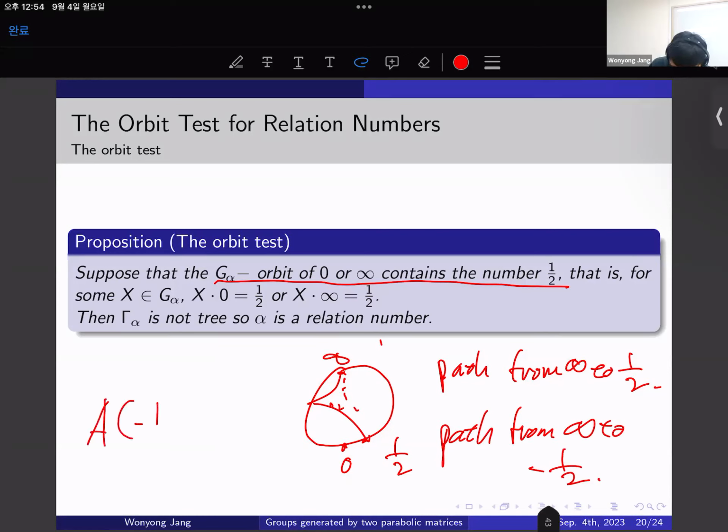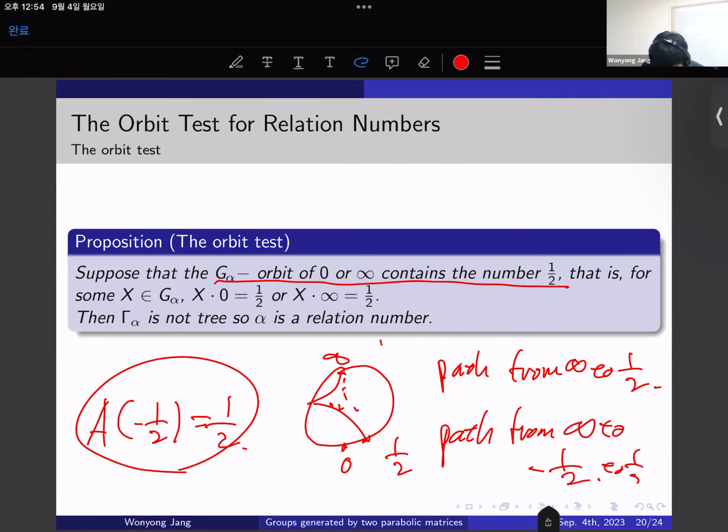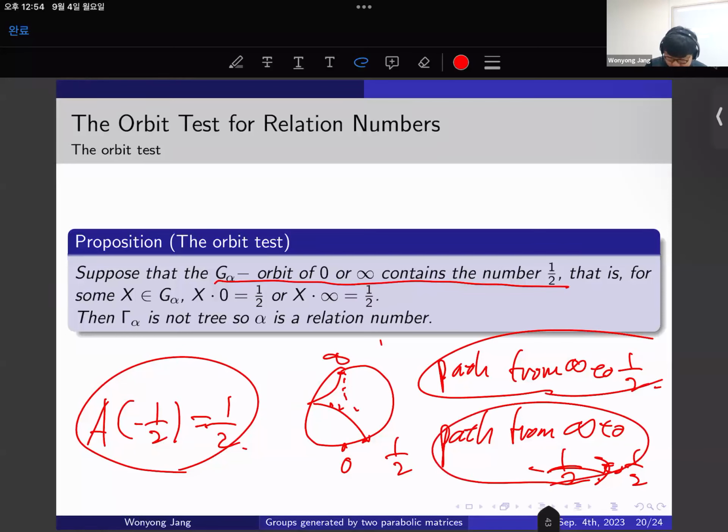And from this calculation, we can make another path from infinity to 1/2. We can extend this path, and we can show that these two paths are different. So two different paths make some cycle. So we can conclude that gamma alpha is not a tree, and so G alpha is not a Nielsen free group.